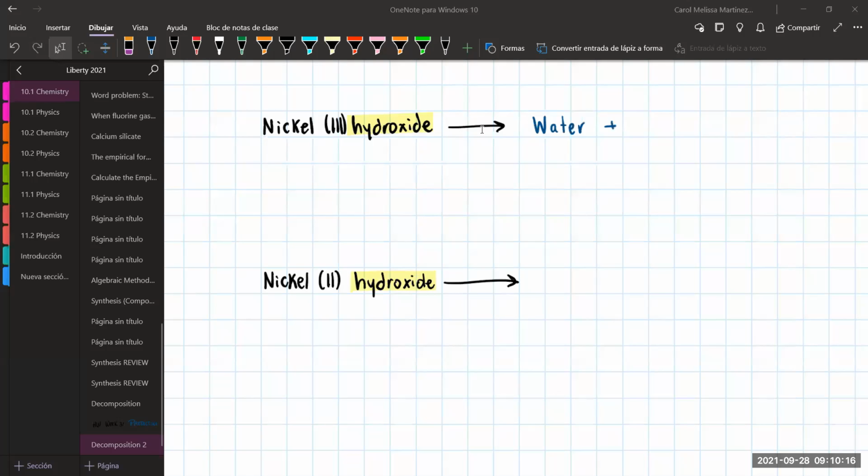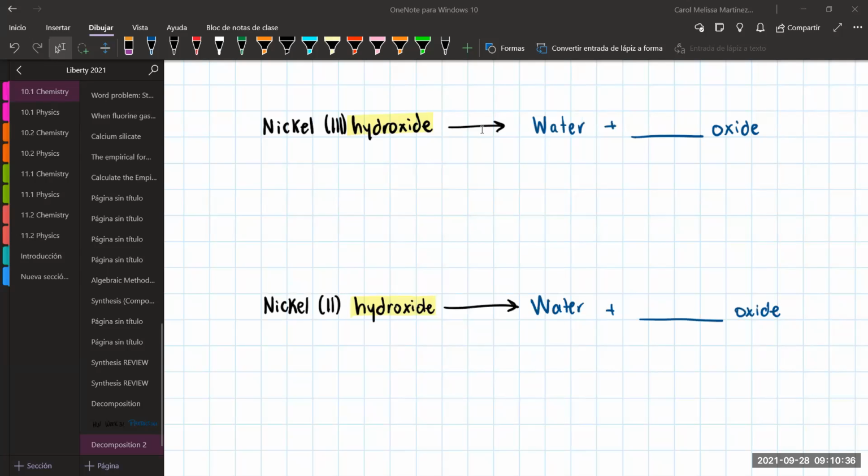So water plus whatever oxide, okay? It's going to be my product. I just want you to see the difference between the two. Because we are talking in this exercise about nickel 3, what I'm going to write here in the whatever part will be nickel 3.